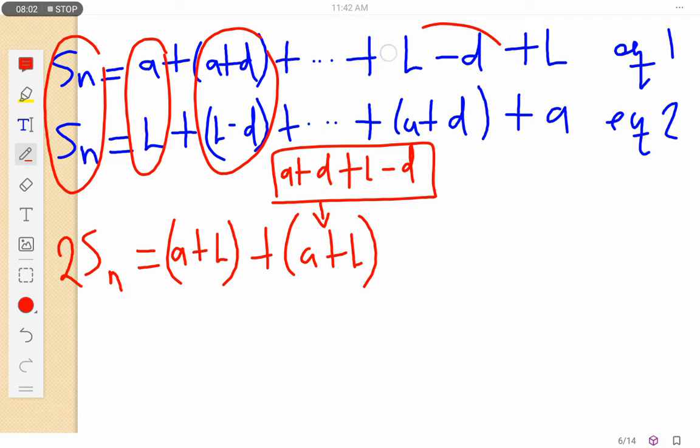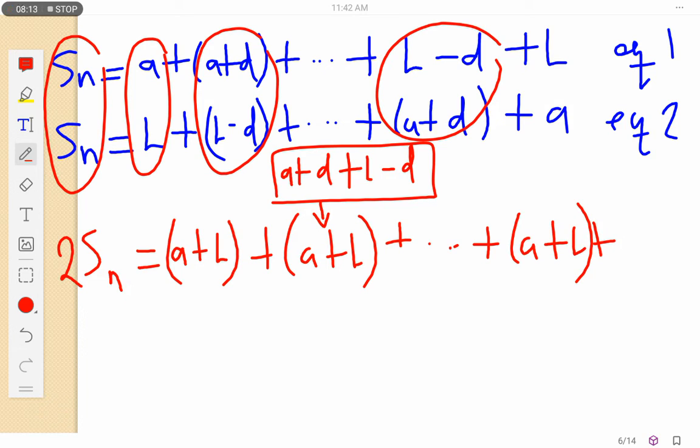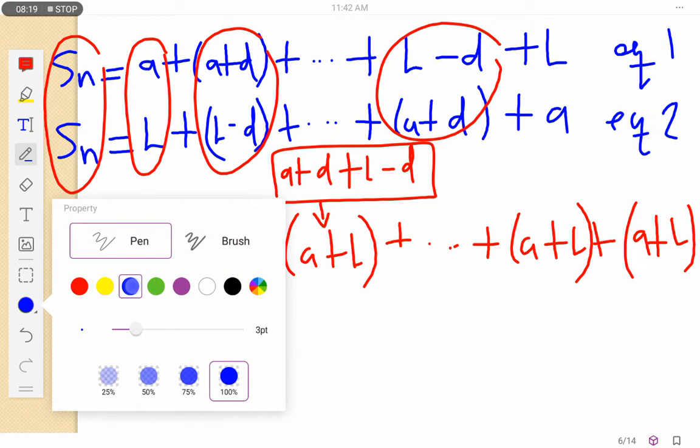Then these ones again, plus dot dot dot plus, I'll also get a plus L. Then the last one, I'll also get a plus L. Okay, that's what you get when you do the summation of those.